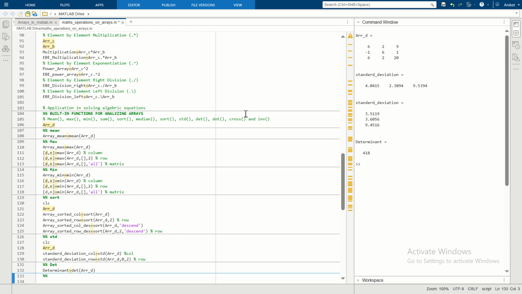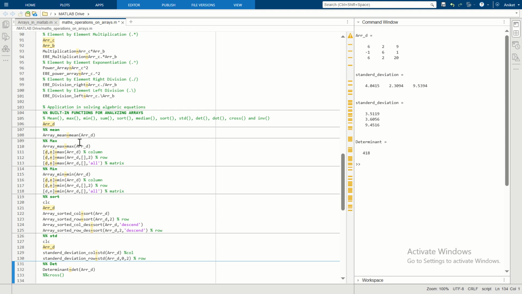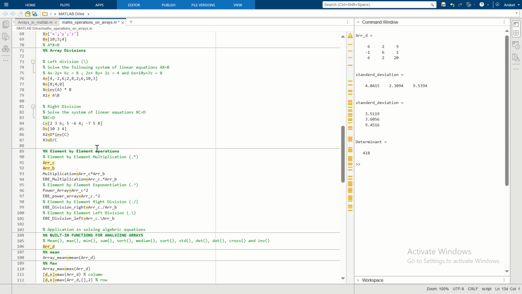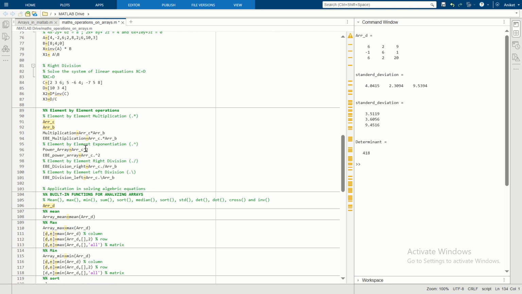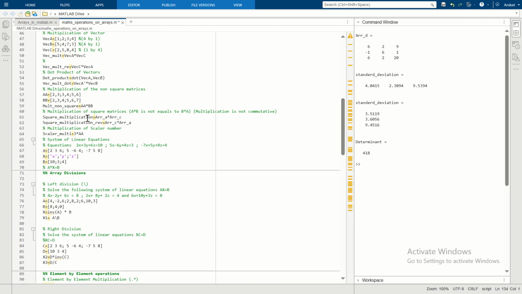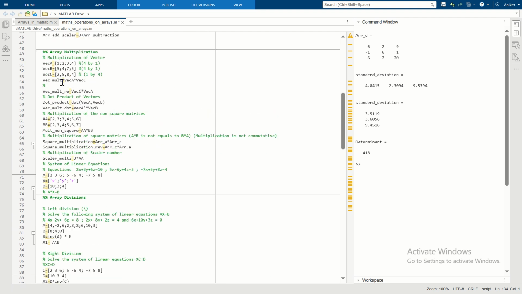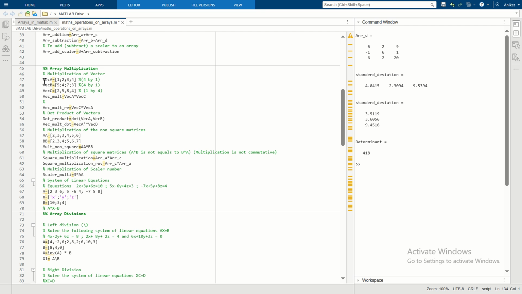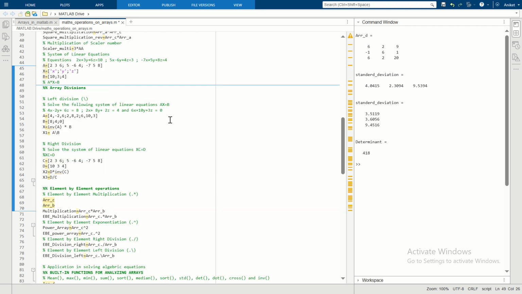Now dot product, cross product. Dot product we have used already. Cross product of the vectors we have to do. So cross, we have the vectors, vector multiplication. Yes, these are the vectors we have. We'll copy those.